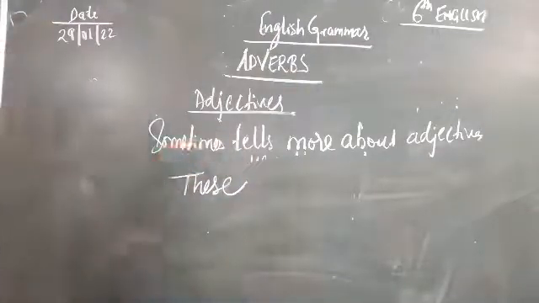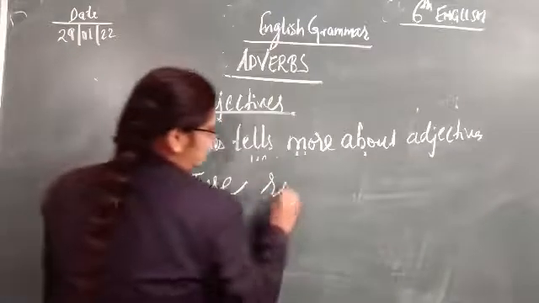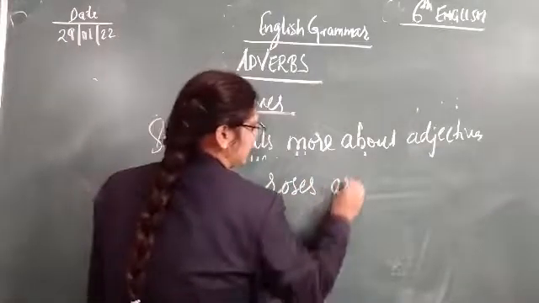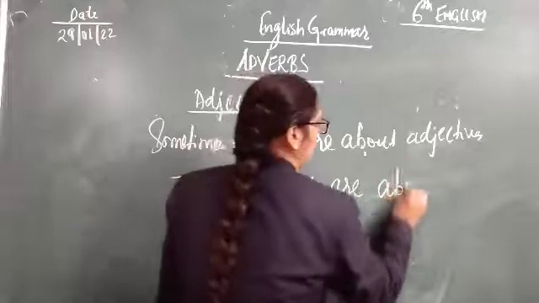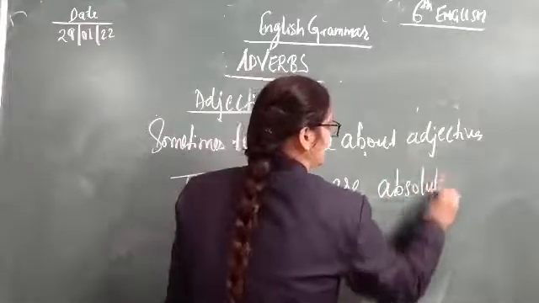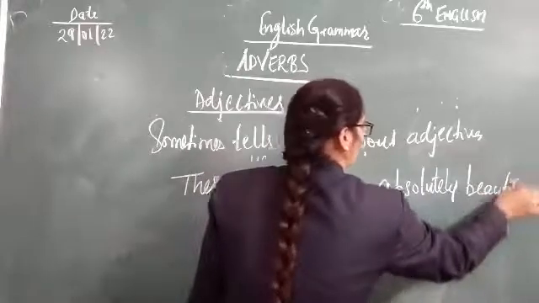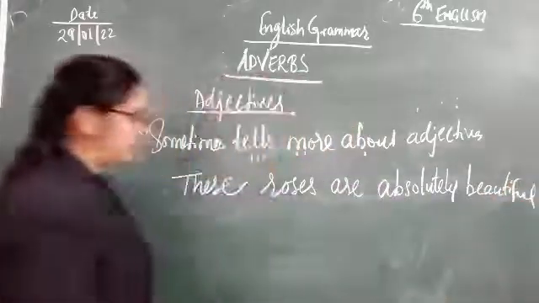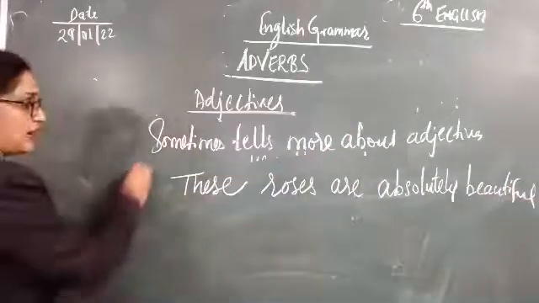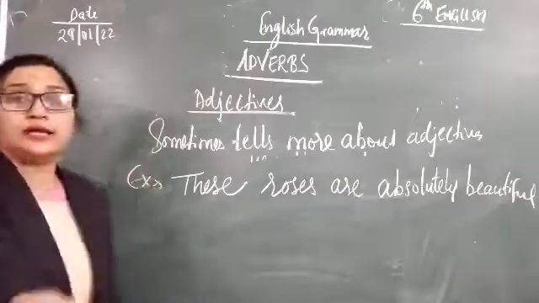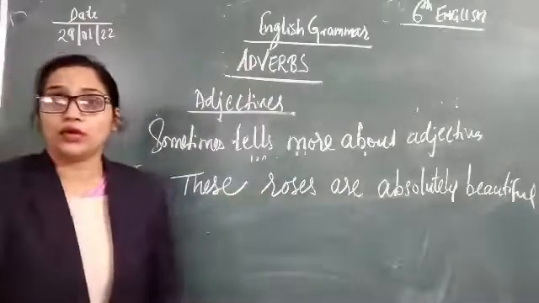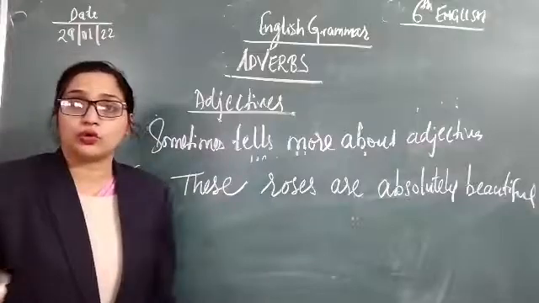Example is: these roses are absolutely beautiful. See the example. These roses are absolutely beautiful. So here they are talking about roses.